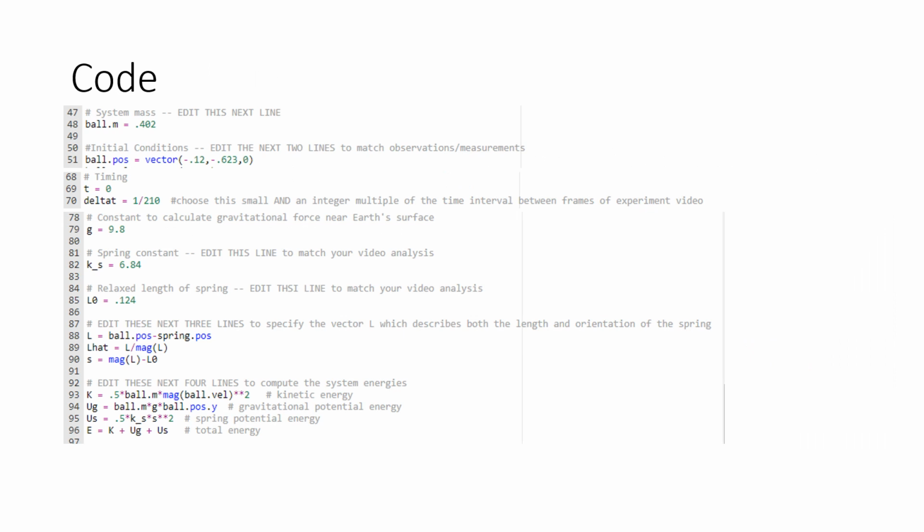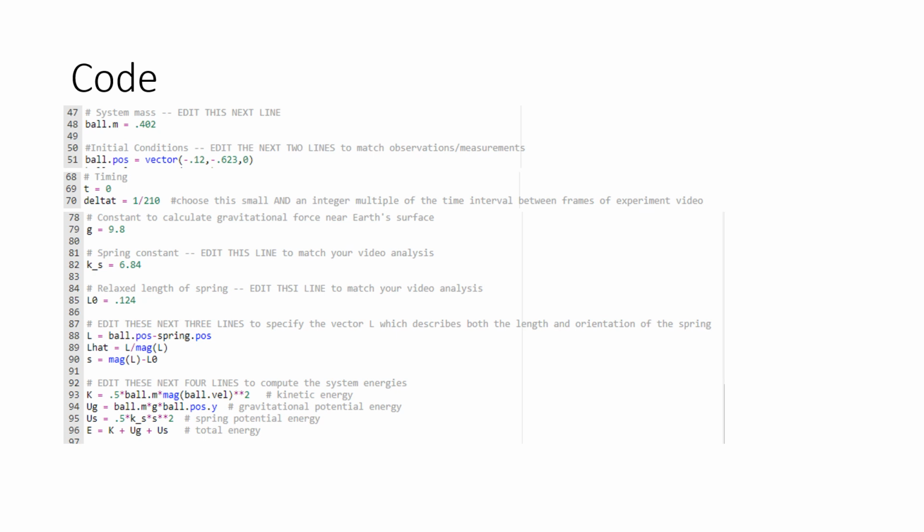For this part of the coding, we're setting up the initial values, where the mass of the ball is 0.402 kilograms. We set up the initial position, which is negative 0.12 and negative 0.623 meters, respectively, for the x and y components. We set up the timing, which is just the frame rate of the video that we used in Tracker.